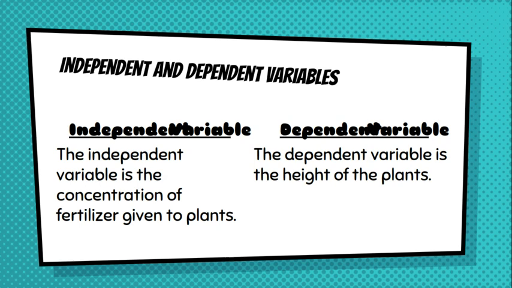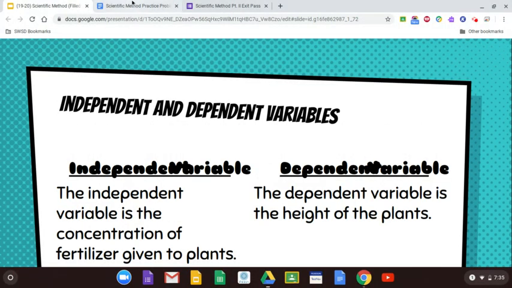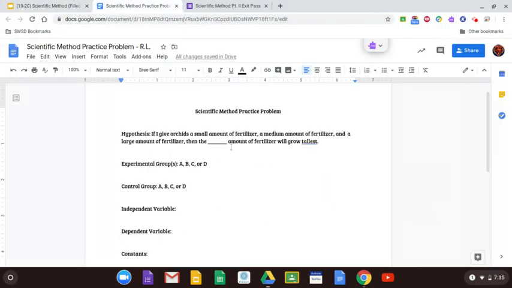And actually, if we go back to this document, we can see that the hypothesis gives us what our independent and dependent variable is. After the if, it says, if I give orchids a small amount, a medium amount, and a large amount, these three things are our experimental groups.